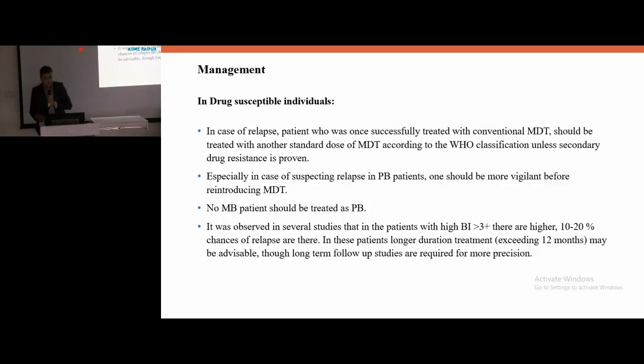And this is a universal fact that no MB patient should be treated as a PB patient. Most of the times when we diagnose a relapse, always treat for MB only, and as such there is now uniform MDT, so we should implement that for all the relapsed patients.